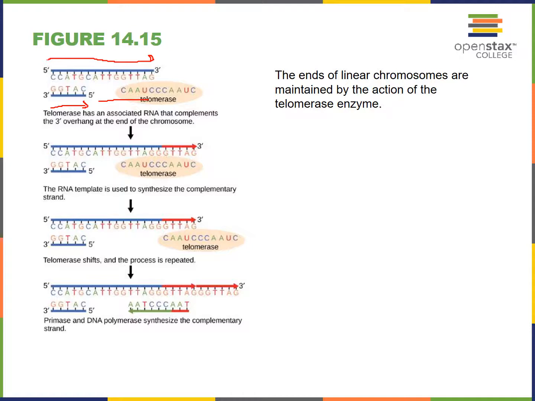So at the end of chromosomes are these repeating segments called telomeres. They don't code for any gene, and these telomeres are repeated 100 to 1,000 times on each chromosome.